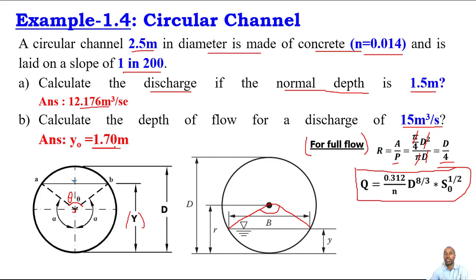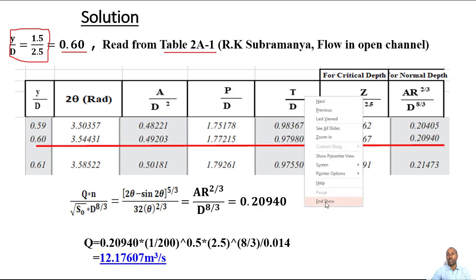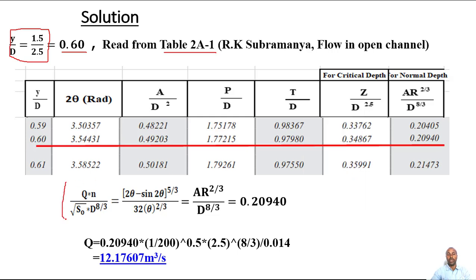Let us see the solution step by step. Once you have y with respect to the ratio, 1.5 to 2.5, you have 0.6. So you can read the table from the book on flow in open channel. Then we can arrive at the solution because we already know this equation: Qn over root S naught d to the power of 8 over 3 equals this one, (2 theta minus sine 2 theta) to the power of 5 over 3 over 32 theta, to the power of 2 over 3.